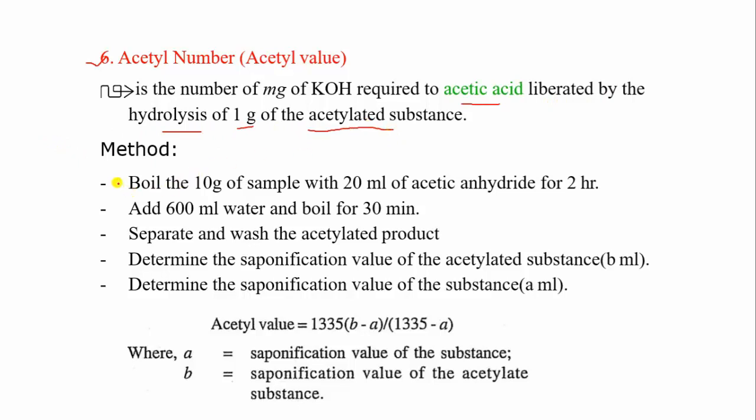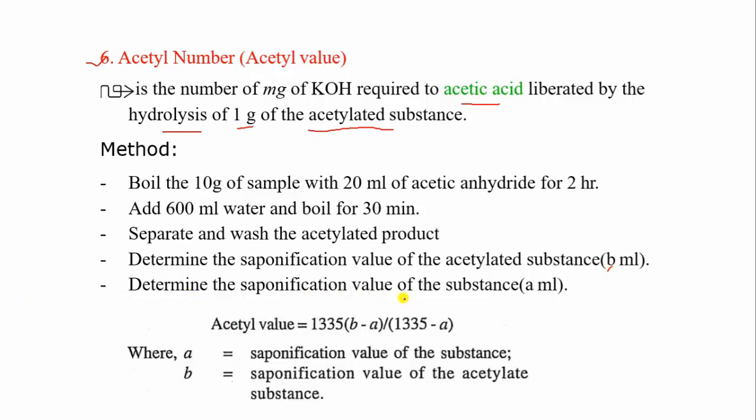It can be determined by boiling 10 gram of sample, meaning oil sample, with 20 ml of acetic anhydride for 2 hours. Add 600 ml water and boil for 30 minutes. Separate and wash the acetylated product. Determine the saponification value of the acetylated substance. It is B.